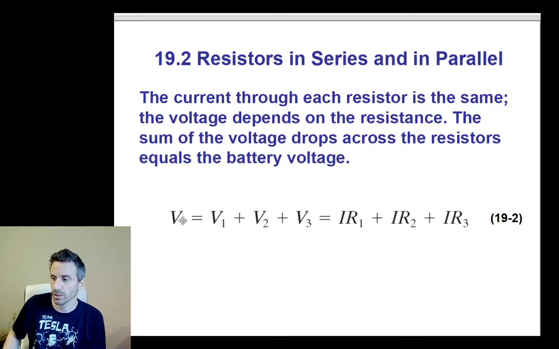So this is a little bit of the logic as to why we add up the resistances to find the equivalent resistance. Since the voltage is split between all three, this gives you the total voltage, V equals IR, and the current is the same between all three, which means that you add up the resistances to find the total resistance, because the total voltage is equal to I times R total.